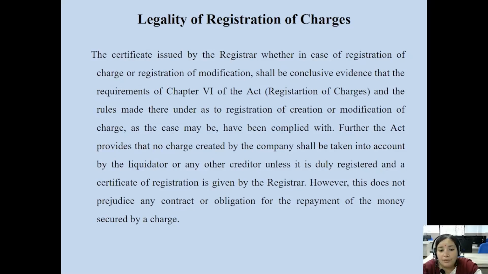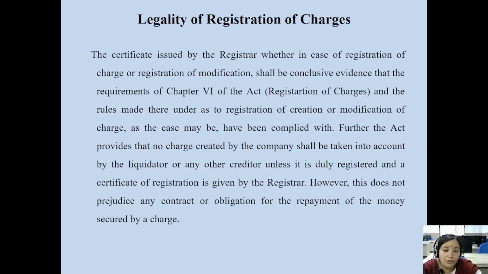Otherwise, no charge created over the assets of the company shall be taken into account by the liquidator or any of the creditors of the company, unless it is duly registered and the certificate of registration is duly given by the registrar. That is the legality of the charges.